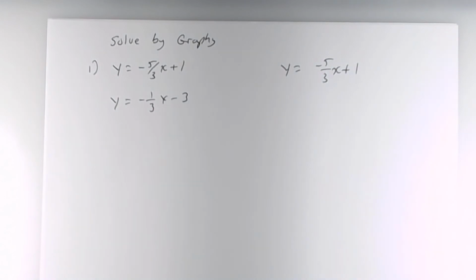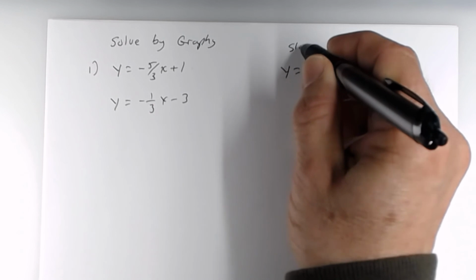You learned two ways of doing this in a previous course or courses. The first way is to notice that this equation is in slope-intercept form, y equals mx plus b. Whenever you have y by itself, that's slope-intercept form.